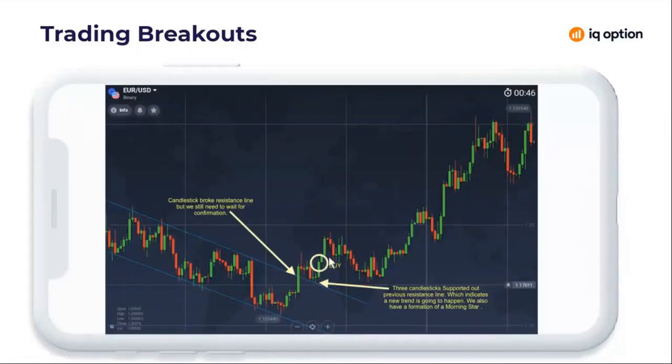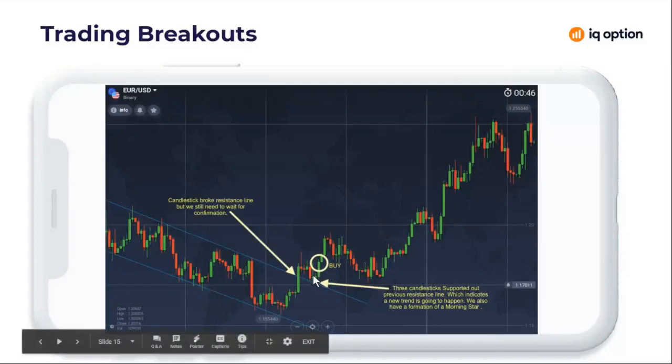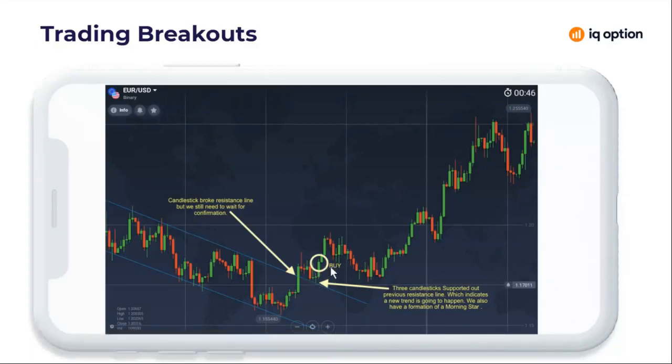As we progress, we also see a morning star forming here in regards to the candlesticks. As we see a morning star, we know that that candlestick formation suggests a buy option. Again, we wait for confirmation, open our buy position, and wait for it.